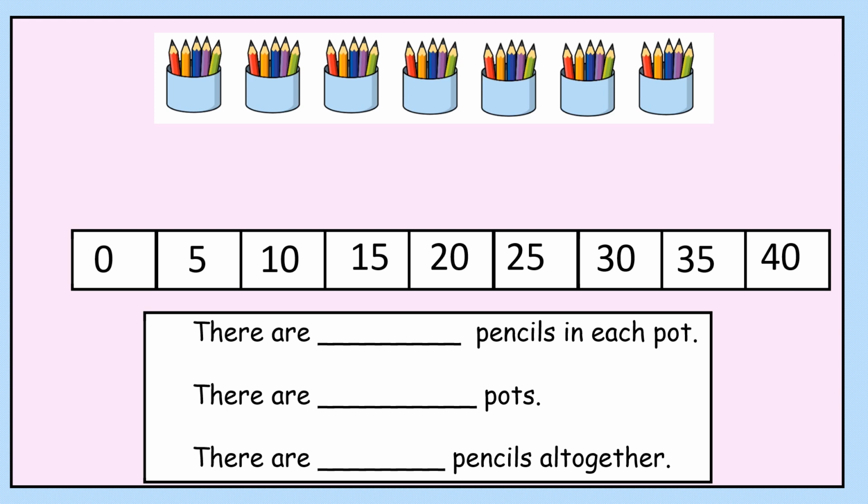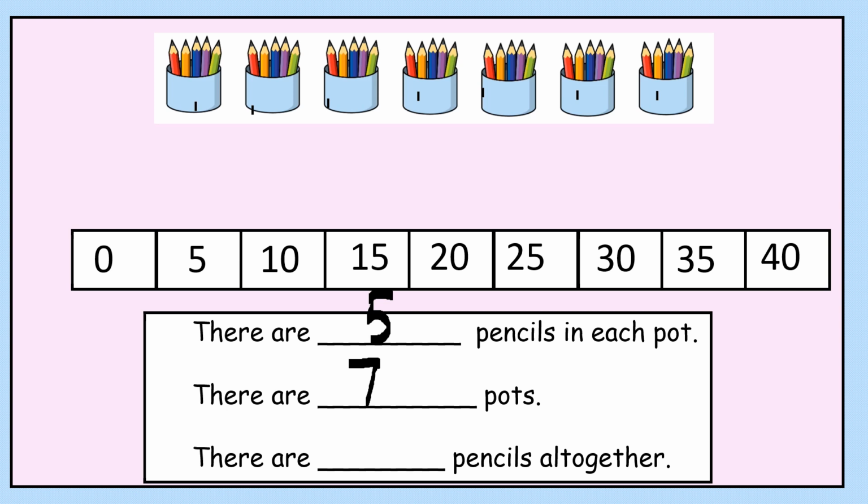Okay, let's do it together. There are how many pencils in each pot? Well done, 5. There's 5 pencils in each pot. There are how many pots? 1, 2, 3, 4, 5, 6, 7. There are 7 pots. How many pencils are there altogether?